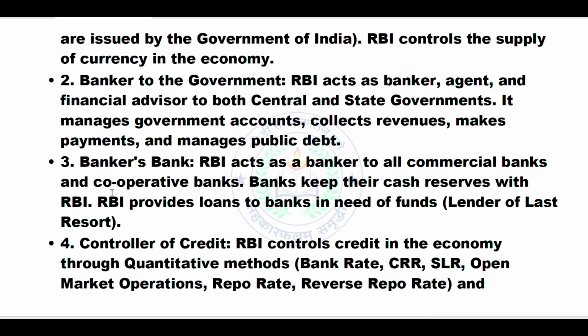Number 3, bankers' bank. RBI acts as banker to all commercial banks and cooperative banks. Banks keep their cash reserves with RBI. RBI provides loans to banks in need of funds, lender of last resort.